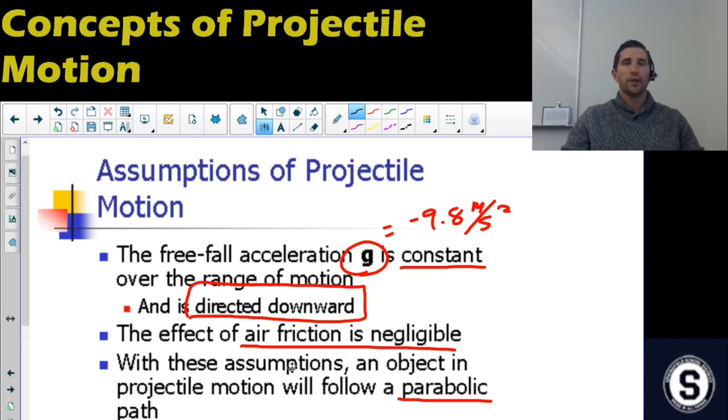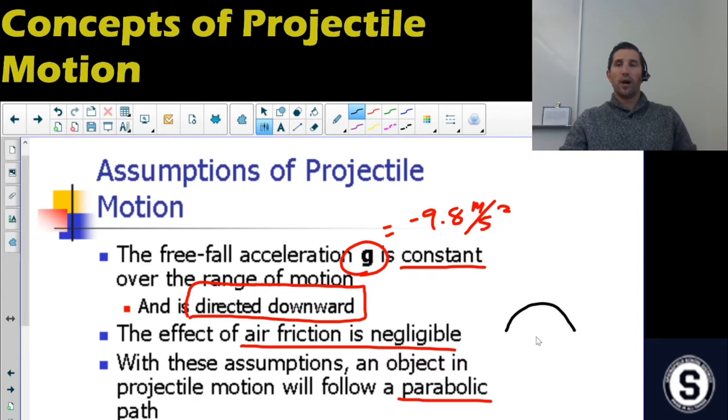So if we follow these two assumptions, that the acceleration is constant downwards and that there's no air resistance, then the object in projectile motion will follow a parabolic path. Parabolic path means that it makes the shape of a parabola in the air. So when we throw an object up in the air and it flies through the air, the shape that it's going to make is going to go up and down like the shape of a parabola like this. And every single projectile is going to follow some sort of shape like that.